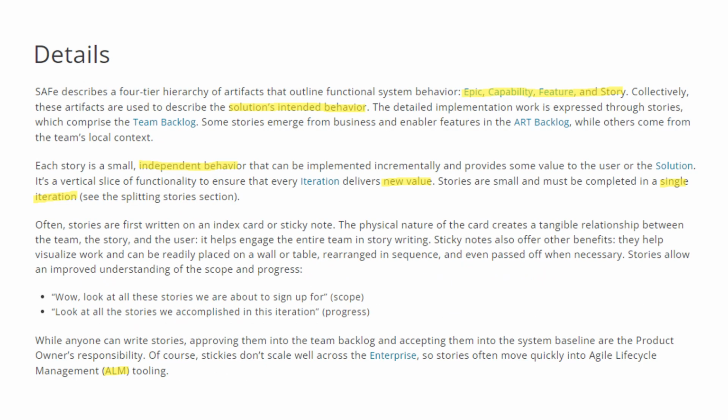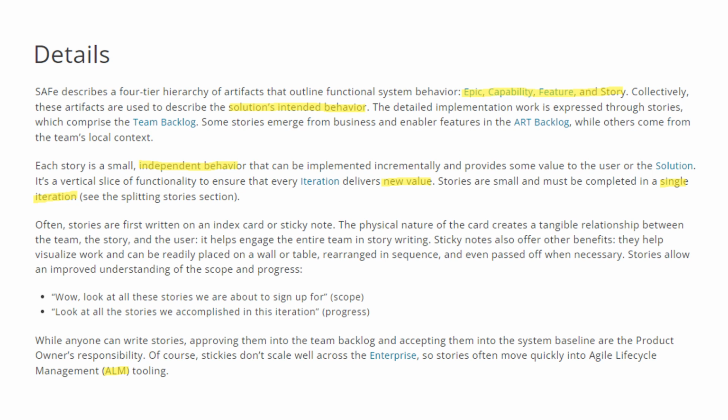Let us try to understand some more details around story. SAFe describes a four-tier hierarchy of artifacts that outline functional system behavior. They are epic, capability, feature, and story.